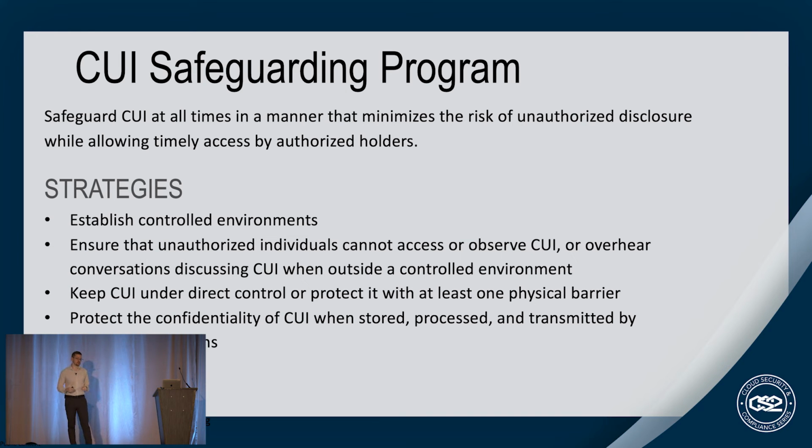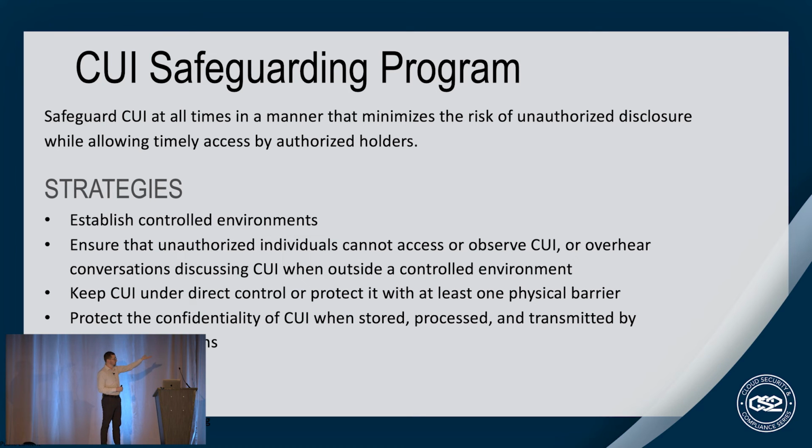But at a minimum, my strategy should probably include the safeguarding requirements for 32 CFR 2002. So what are those? Well, establishing controlled environments. We talked about this idea of physical boundaries, preventing anyone from accessing, observing, or overhearing conversations about CUI. That's a bare minimum for anything that we're going to do.